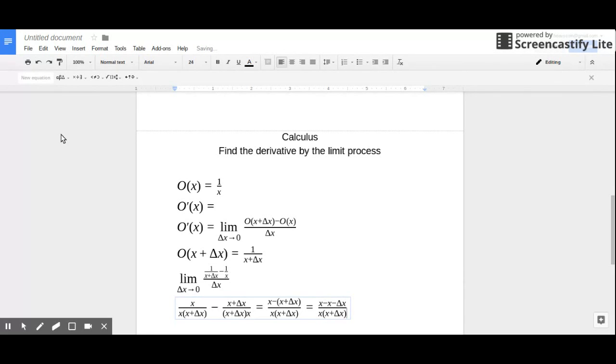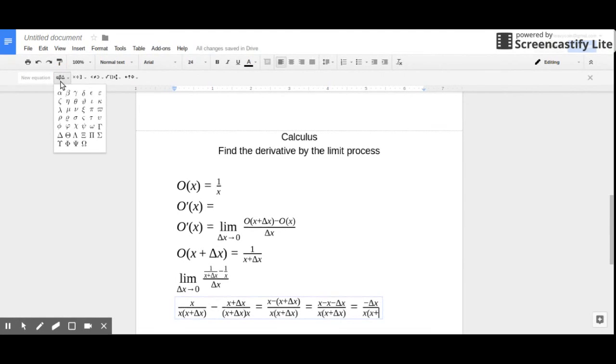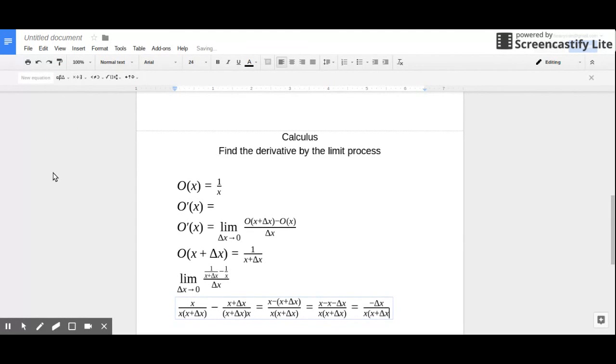Okay, and of course this looks to me like we have x minus x, so we just have a negative delta x on top. If I didn't make any mistakes, we'll find out here shortly. Over x, and then x plus delta x. I should have copied that delta at some point in time.